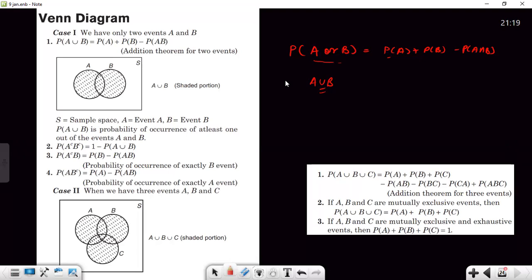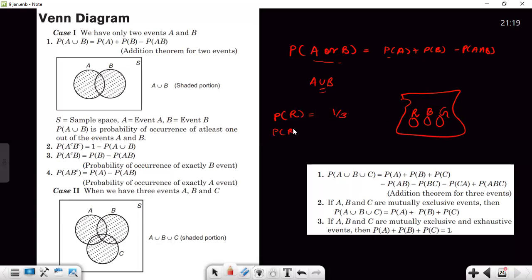So if I say there is a bag, and there is a red ball, a blue ball, and a green ball. If I ask you the probability of getting a red ball, that will be 1 by 3.